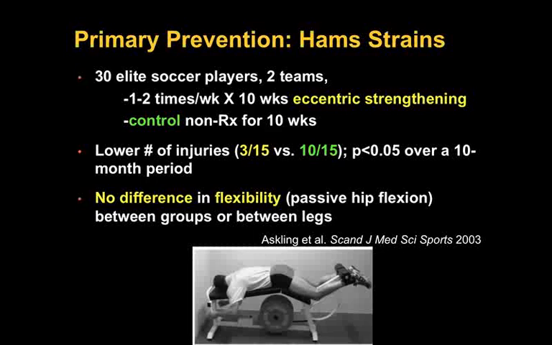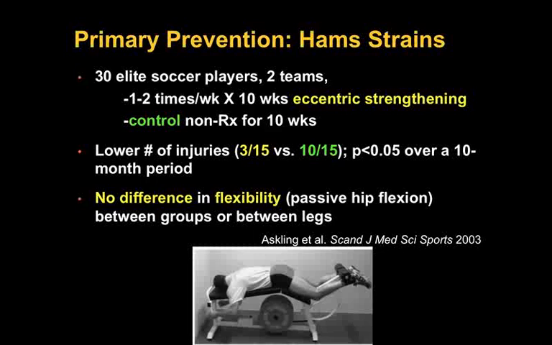Primary intervention studies of hamstring strains: Asling looked at 30 elite soccer players on 2 teams, and he divided them into 2 groups. 1 to 2 times a week for 10 weeks they did eccentric training of their hamstrings, and the control group did no treatment during that time frame. These are people prior to getting a hamstring strain.